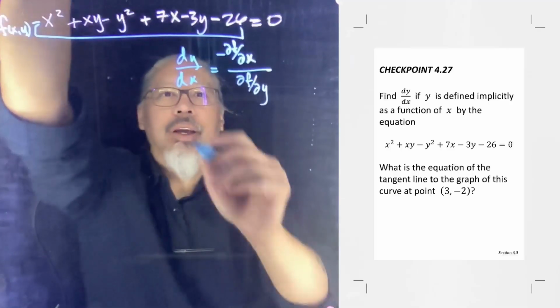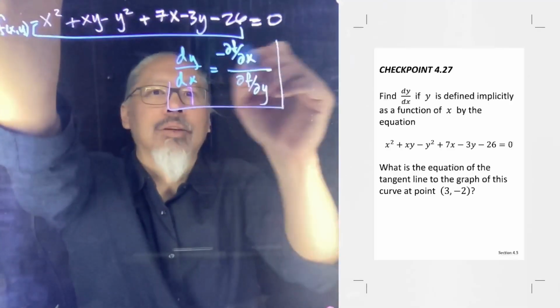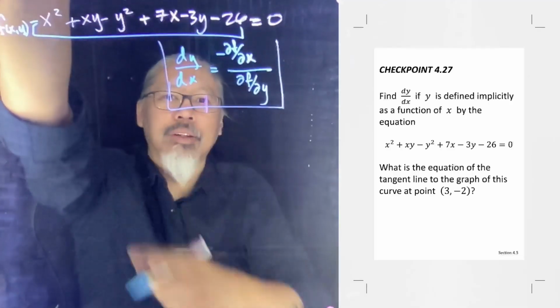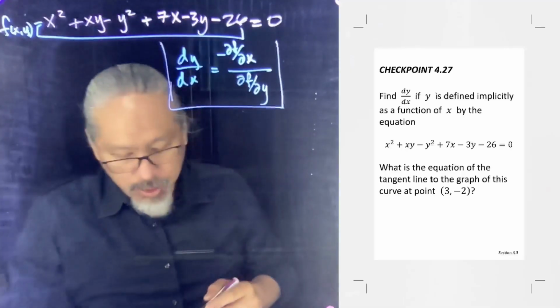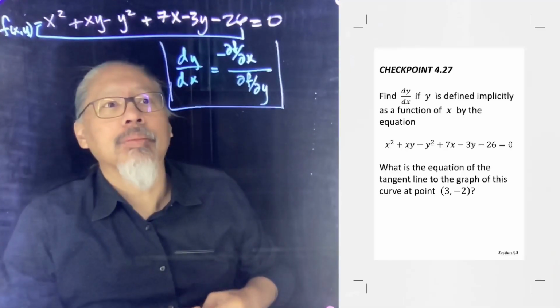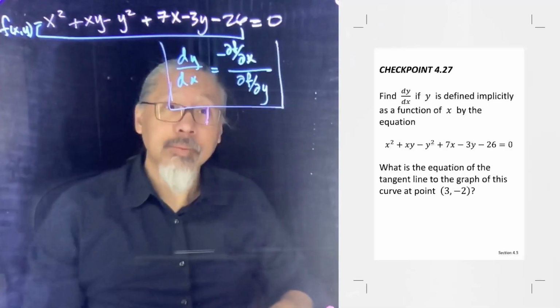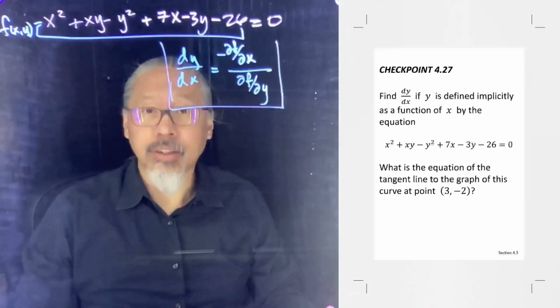And now you have a nice, neat formula for implicit differentiation once we know a little something about partial derivatives. Okay, so it looks like that's what we need to do.